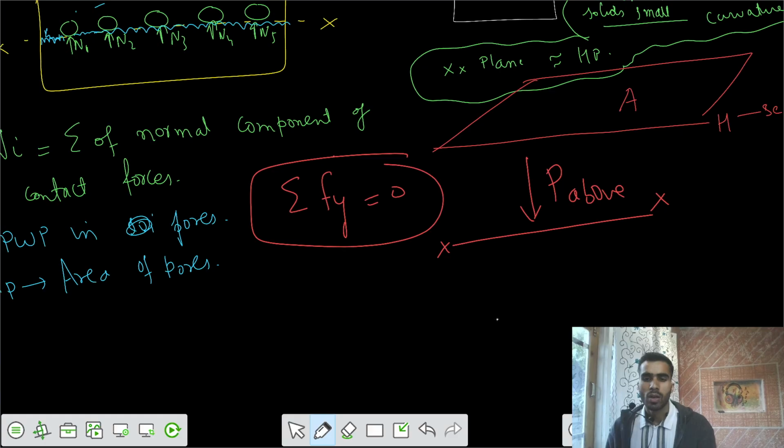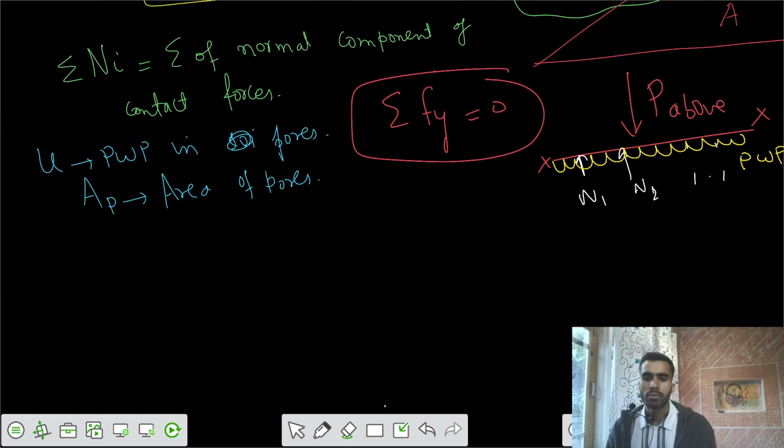There are those contact points where the normal forces N1, N2, and so on are acting, and there is pore water pressure also acting in the upward direction on those pores.